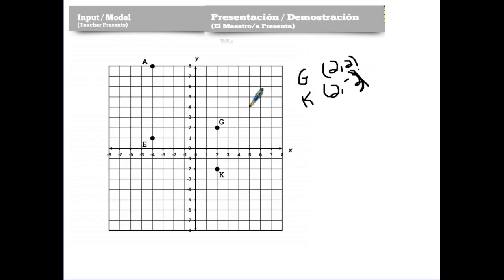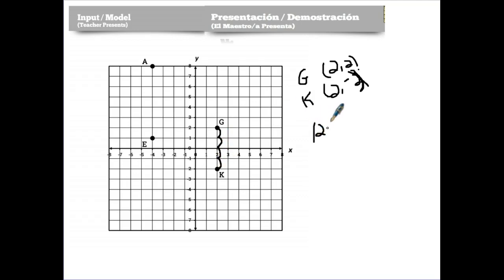Now, before I calculate the difference, I'm just going to count the distance from G to K, and then I'm going to confirm using absolute value. So I'm going to start with G, and I'm going to count 1, 2, there's the x-axis. I need to continue through the x-axis, 3, 4. So I have a distance of 4 spaces.